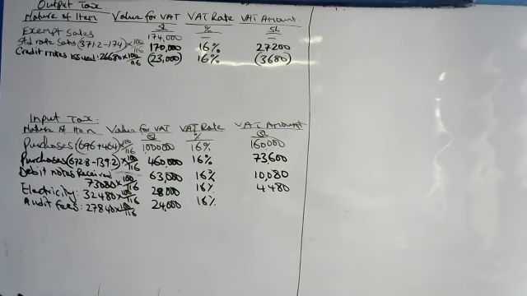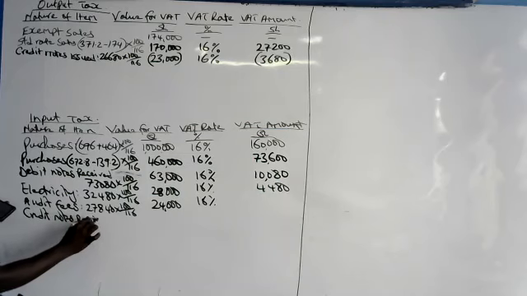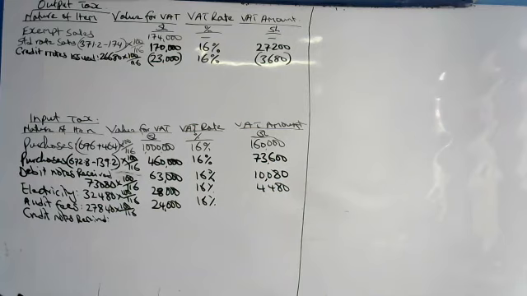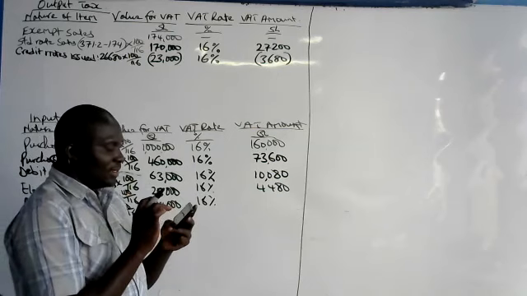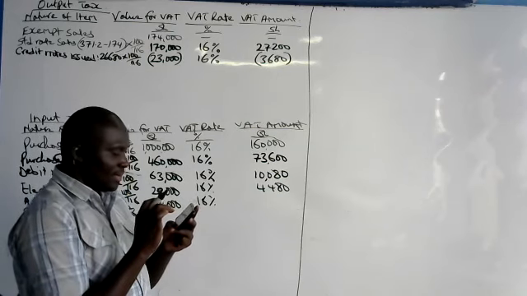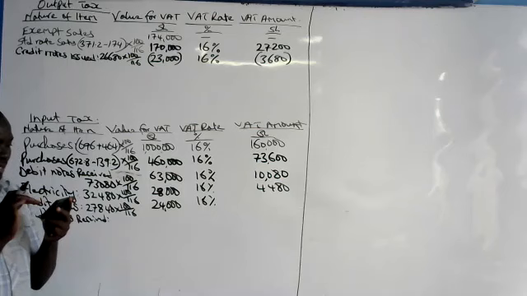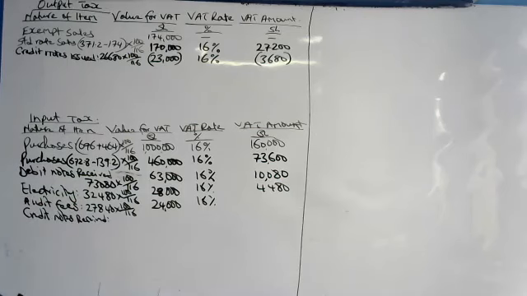Received credit notes. We received again, it's here still. So credit notes received. And you take care of that, it's a negative, right? The most important thing is that we are receiving.